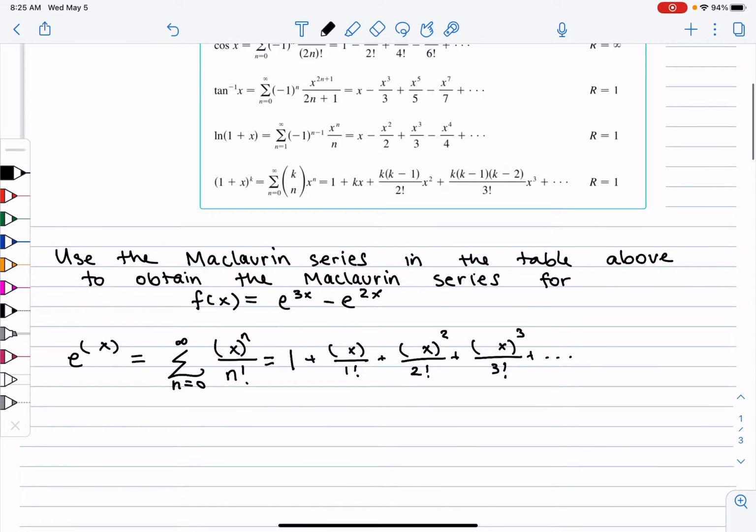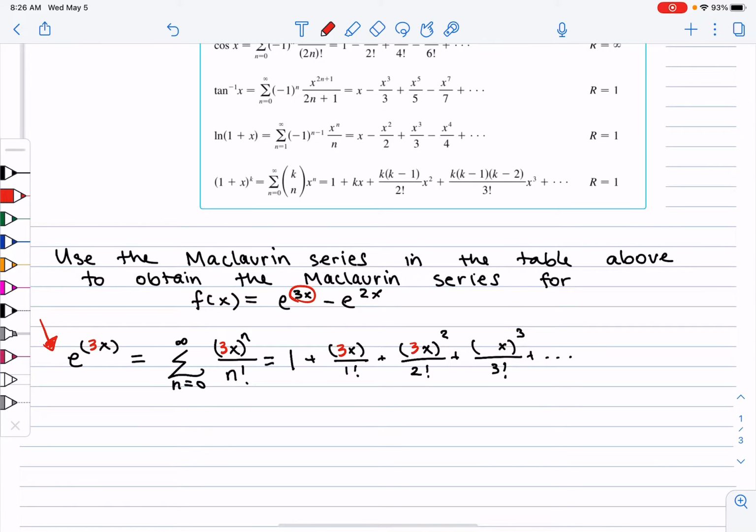For our problem, we want to get the Maclaurin series for e to the 3x. So we're going to go to our formula, and instead of x, we're going to plug in 3x. So this will be equal to sigma as n goes from 0 to infinity of 3x to the nth power.